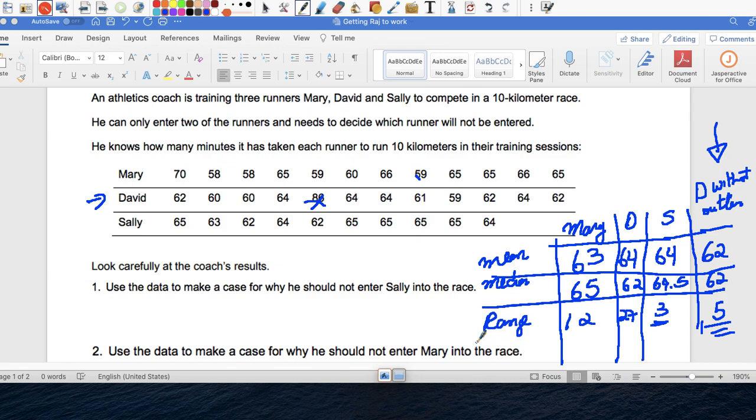It's interesting, right? It's not only adding the numbers and dividing by however many numbers there are in the data set, but also interpreting and using that in your favor or not in your favor.